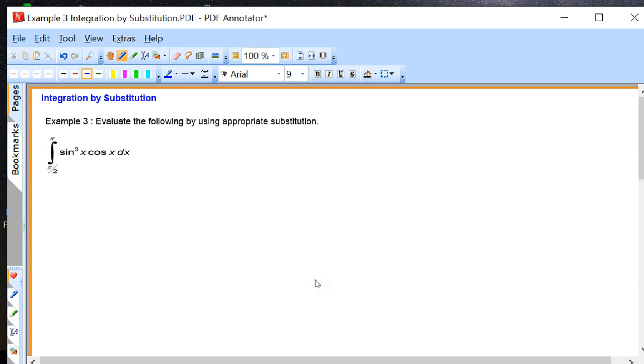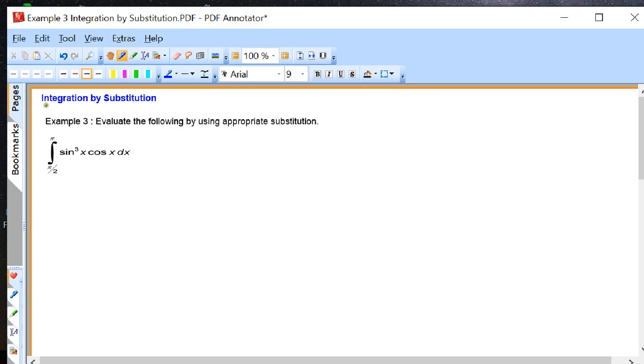Now looking at the given function, there is no bracket for that function, so it's quite difficult for you to identify the u. So the first step would be you're going to modify the function.